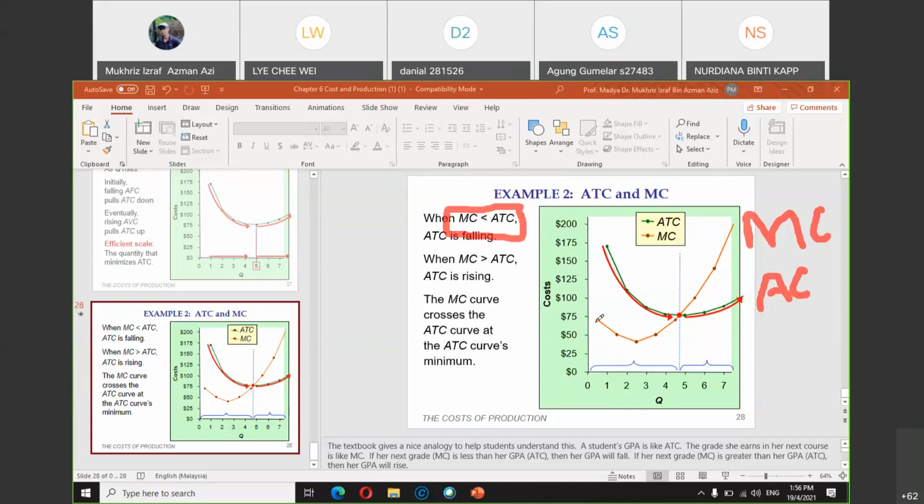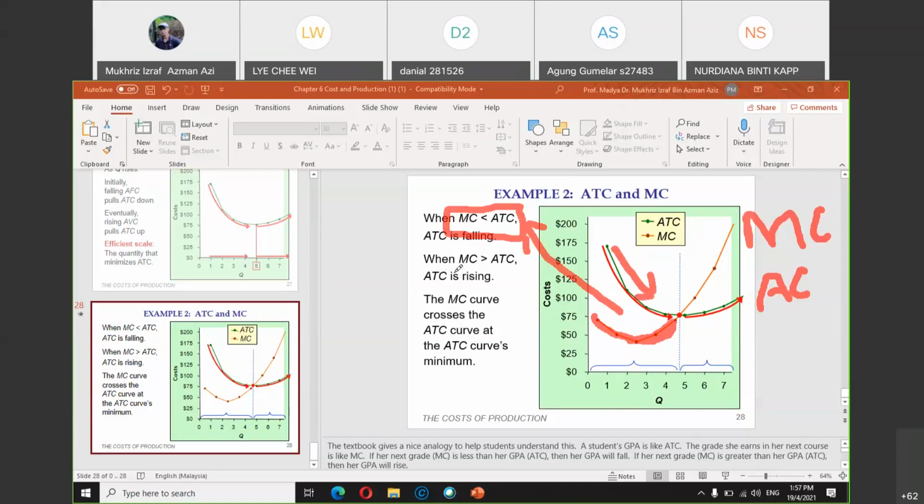The portion where this curve is below the AC, so this part here is where MC is less than ATC. Why? Because this part of the curve is below the average cost curve. So you can see that AC is falling or declining, which is correct because at this point, you can see that average cost is declining.